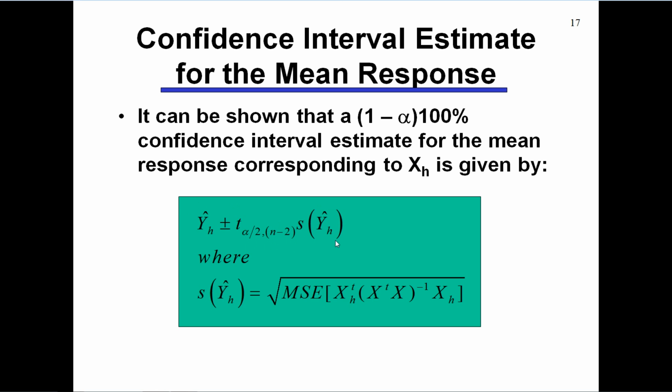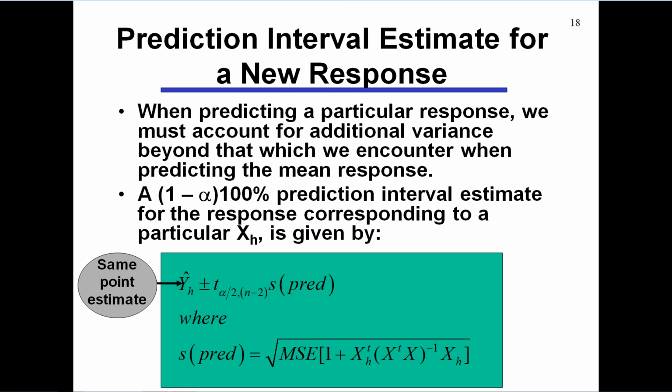The variation in this case is a kind of complex computation, but when you get into it, it's just arithmetic, so it's nothing to be overly worried about. We can do the arithmetic necessary to compute the standard error of y sub h hat. It's just this computation right here, and we'll do that in a moment.